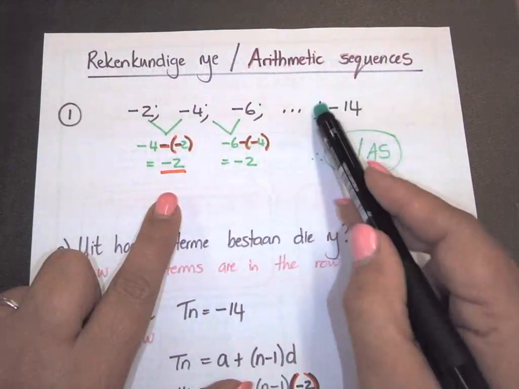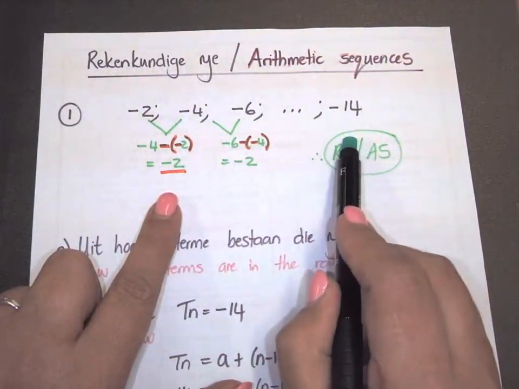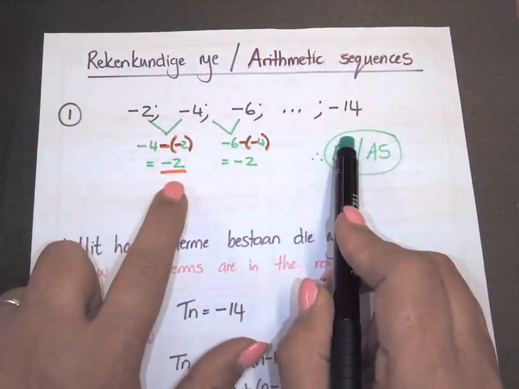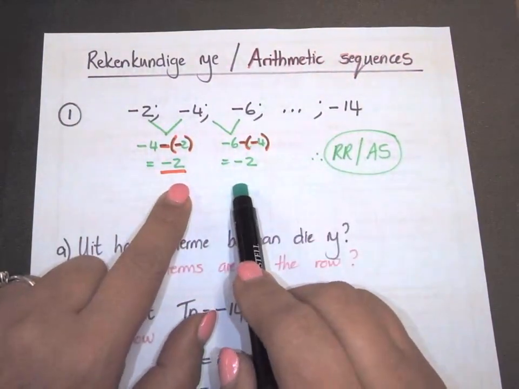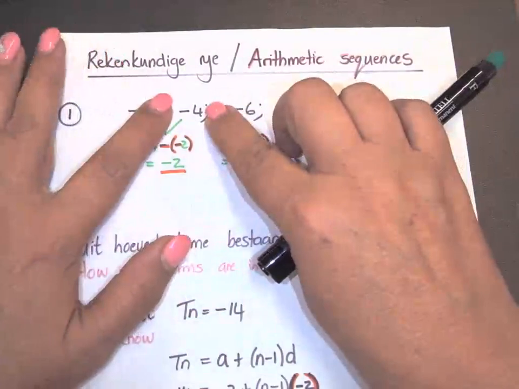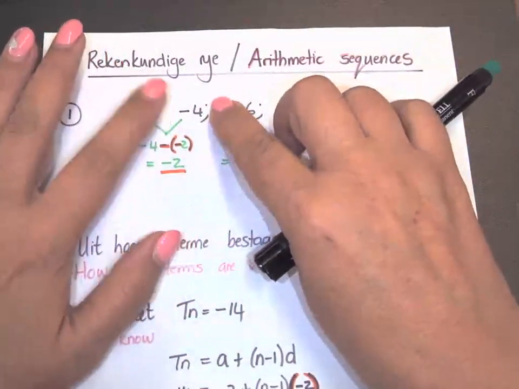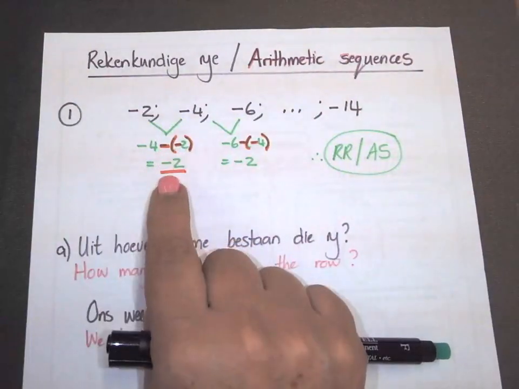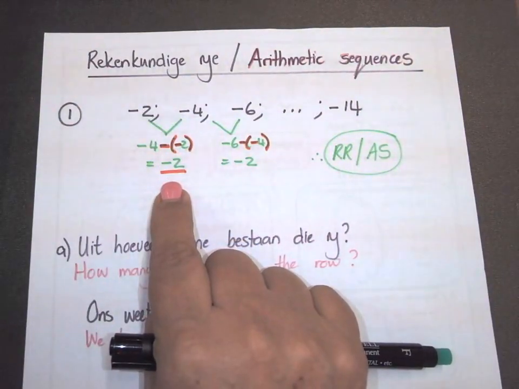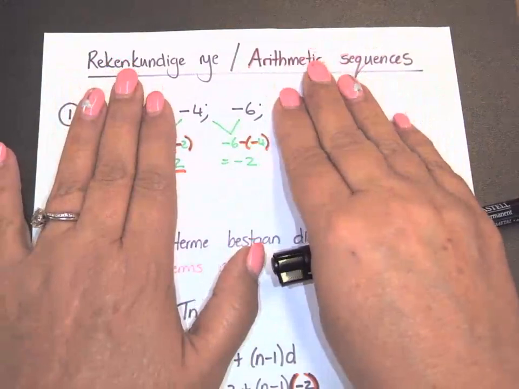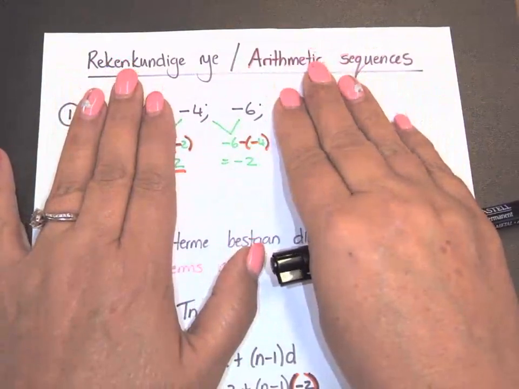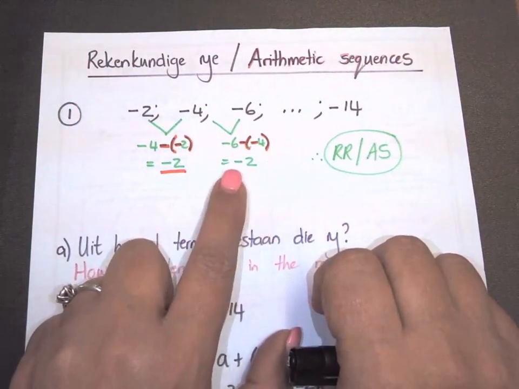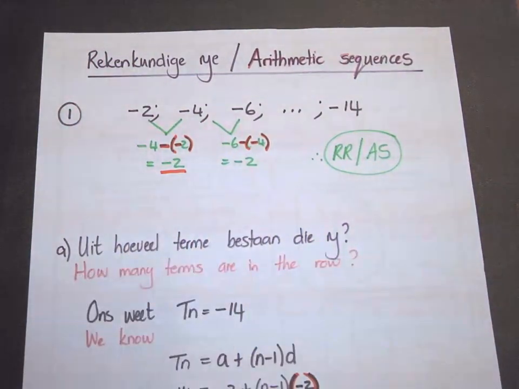So what do we know about negative 14? It's term n. How do we get D, the difference? You say negative 4 minus negative 2. So you have two minuses, which becomes a plus, and then you get your answer. Term 3 minus term 2, so it's negative 6 minus negative 4, and you also get negative 2.